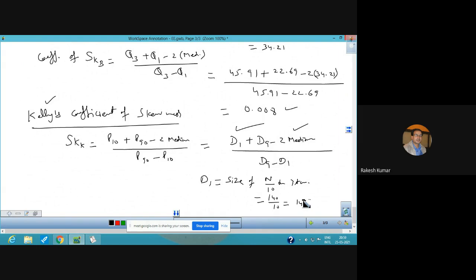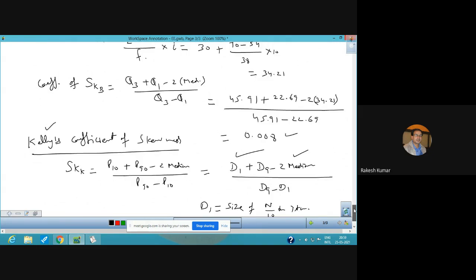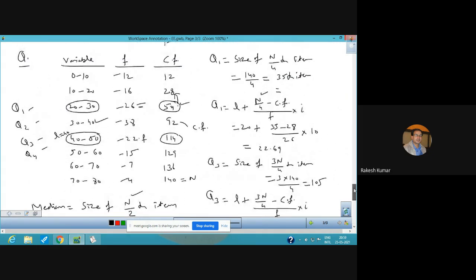So you just need to check in which interval the 14th item lies, corresponding to the cumulative frequency. Let us try to find that. The 14th item falls in the cumulative frequency 28.